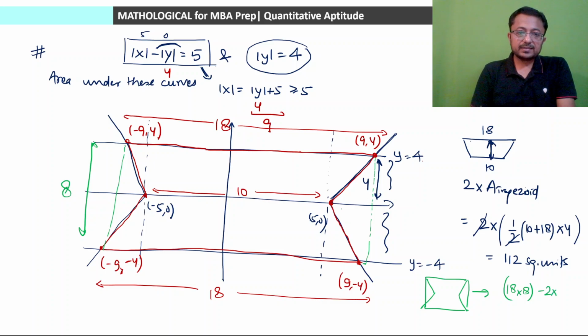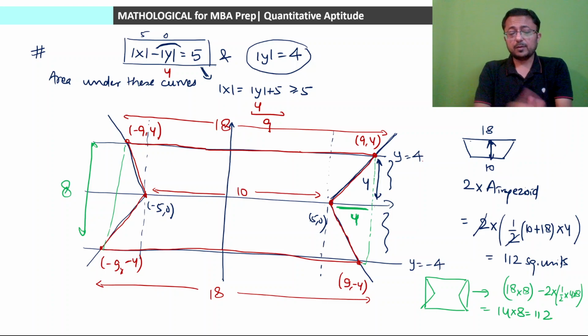The triangle has base from 5 to 9, which is 4, and this length is 8, so 2 into 1/2 into 4 into 8. So 18 into 8 minus 4 into 8 gives 112. You can find the area either way. Either way, our area for this case is 112 square units, and the lines are mod of x minus mod of y equal to 5 and mod of y equal to 4. So the area in the graph is equal to 112 square units.